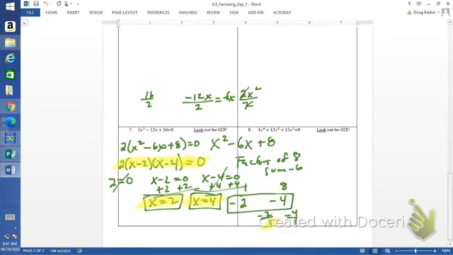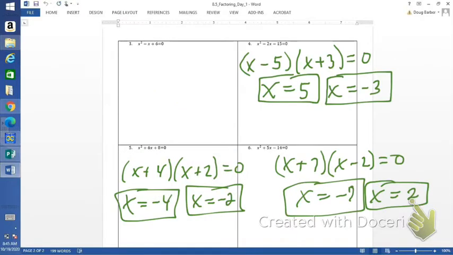Now, what I want you guys to do is all the ones that we did not do, go ahead and do those right now. Hit pause, and then look back, and I'm going to put the answers in for those, and you can check your work. Okay, so here are the answers for 4, 5, and 6.